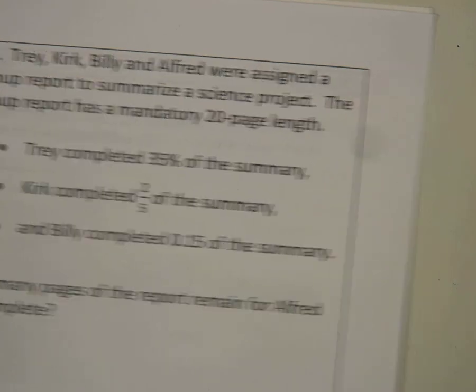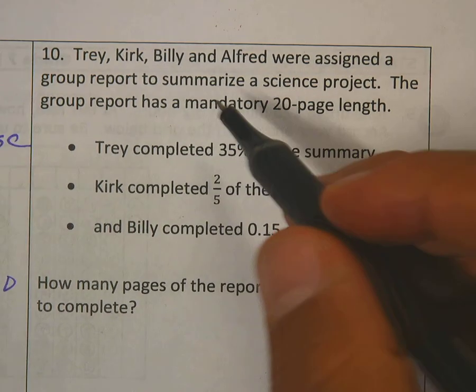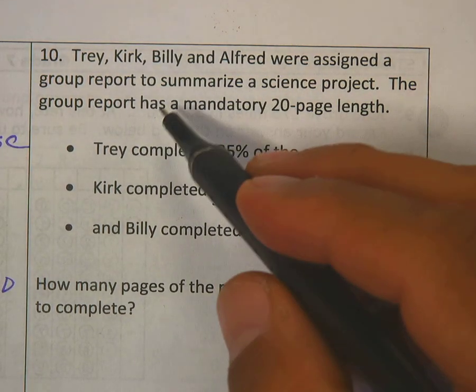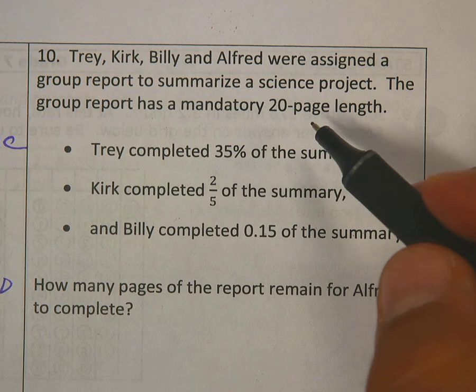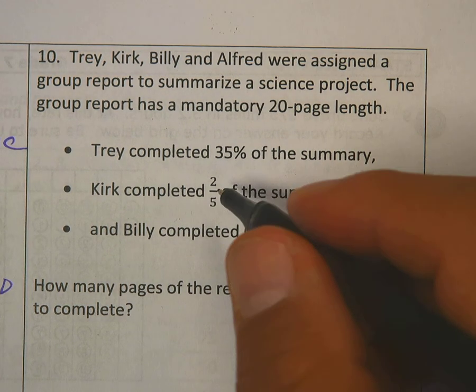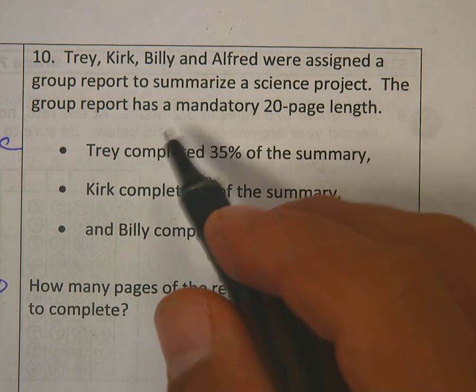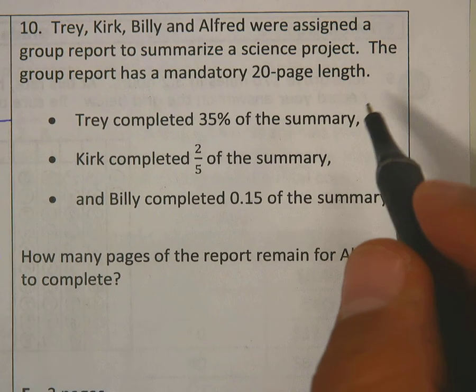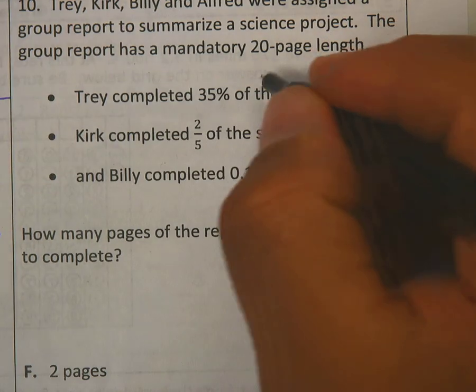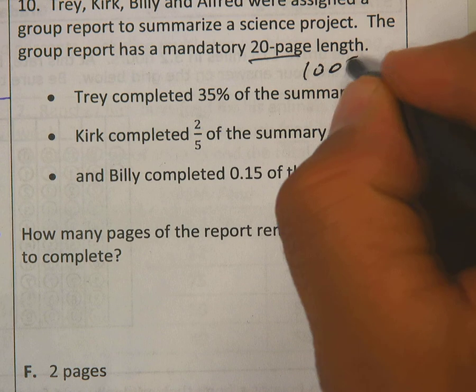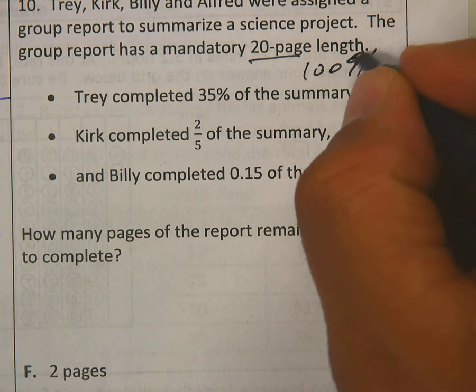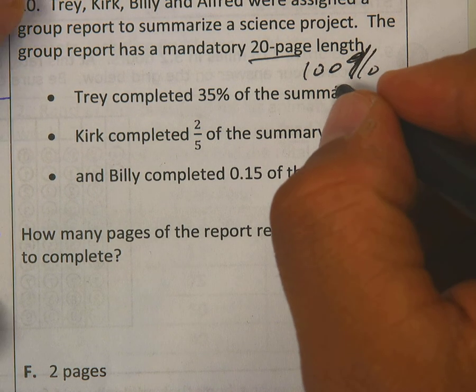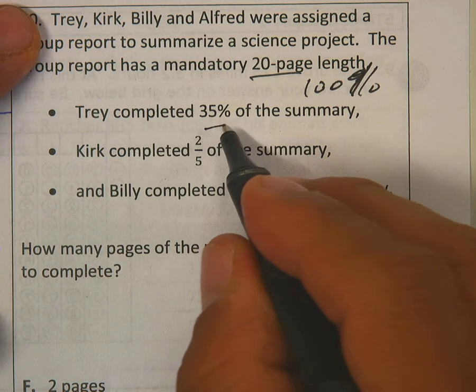Okay, number 10 there, Trey, Kirk, Billy, and Alfred were assigned a group report to summarize in a science project. Okay, so now the group report has a mandatory 20-page length. So 20 pages is 100% of the assignment. Trey has done 35%.